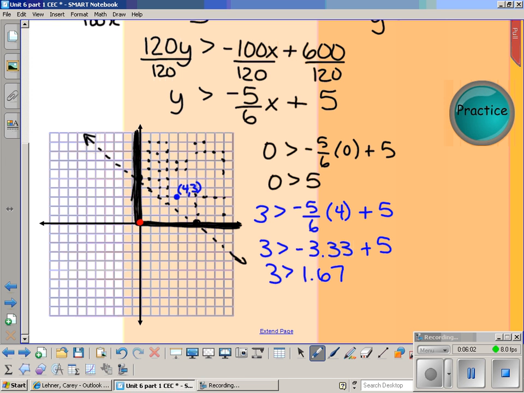So we know it is possible to sell 4 pairs of skis and 3 snowboards, and we will make more than $600. We could choose another value. Let's choose this one right here. That is at 6 and 2. We are going to substitute 6 into the x spot and 2 into the y spot.